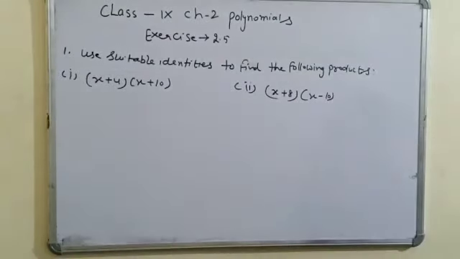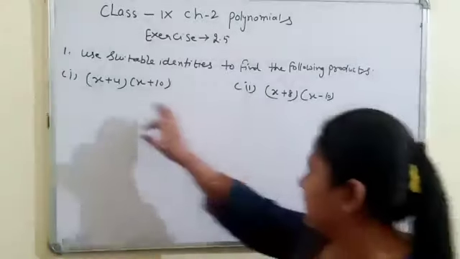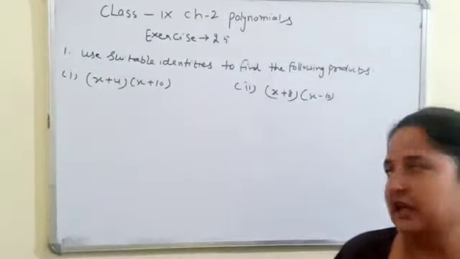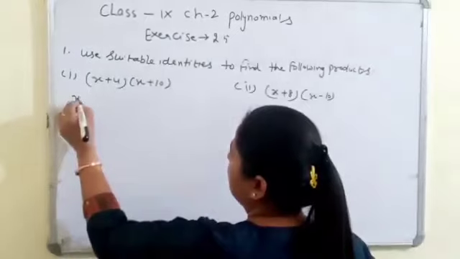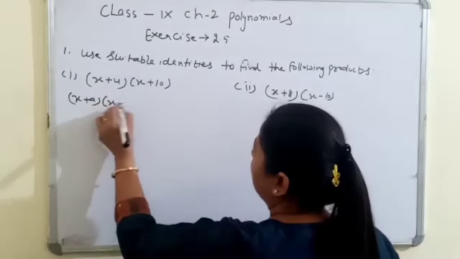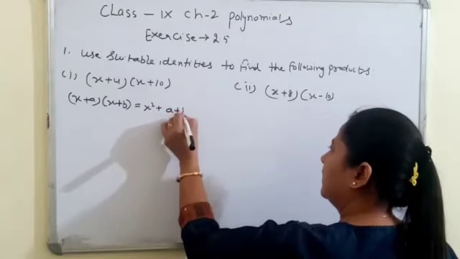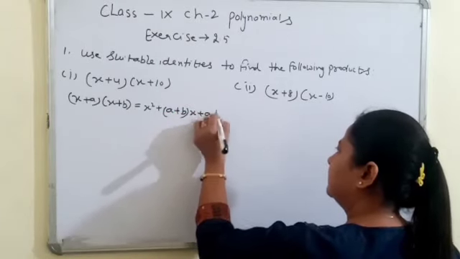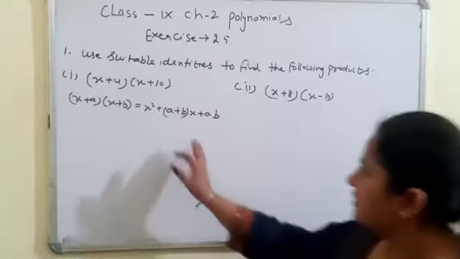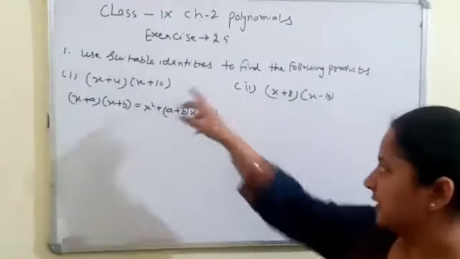Yes, first question is (x plus 4)(x plus 10). Hopefully you can understand which identity we can use here. Yes, we can use (x plus a)(x plus b) is equal to x square plus (a plus b)x plus ab. So what is a here? A is 4 and b is 10.